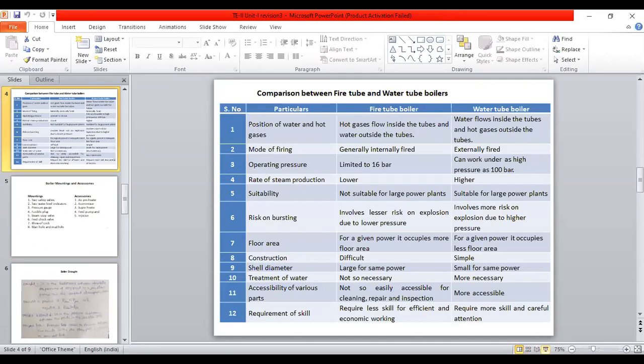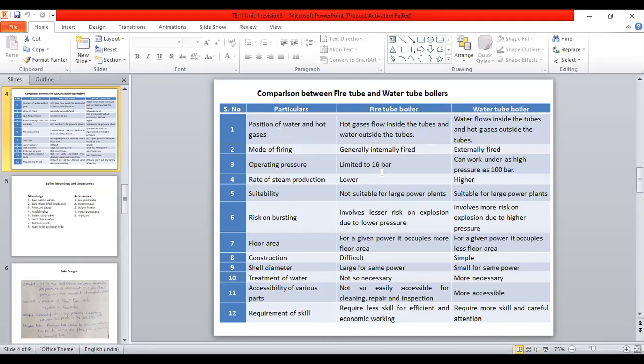And next, comparison of fire tube boilers and water tube boilers. The main comparison is in the position of water and gases: in fire tube boilers, hot gases flow inside the tubes and water outside the tubes, and in water tube boilers, water flows inside the tubes and hot gases outside the tubes. In mode of firing, fire tube boilers are internally fired, water tube boilers are externally fired.